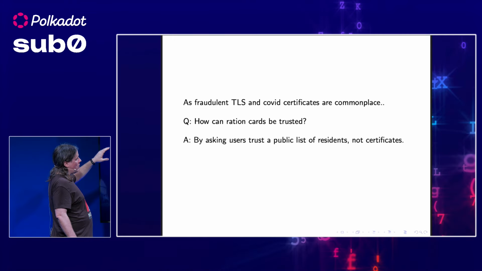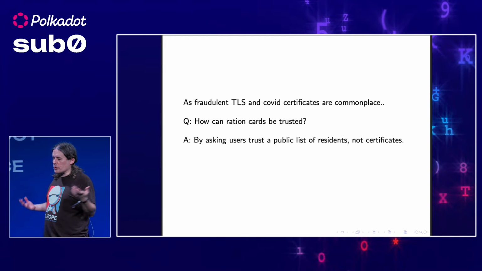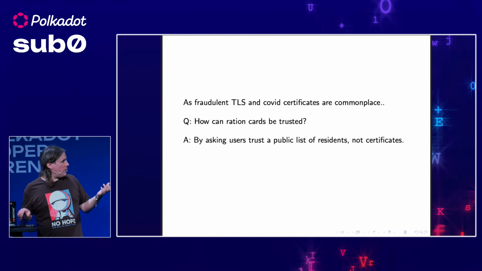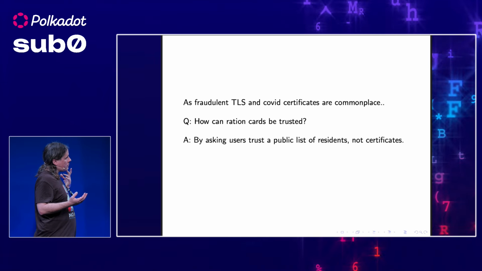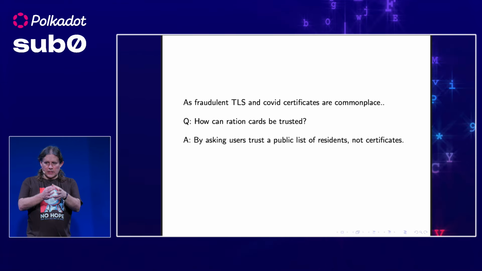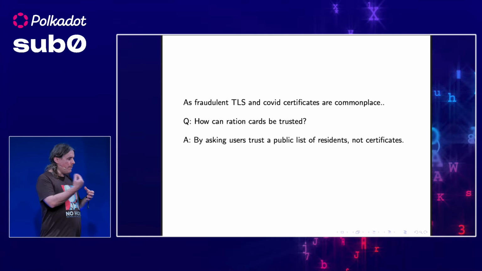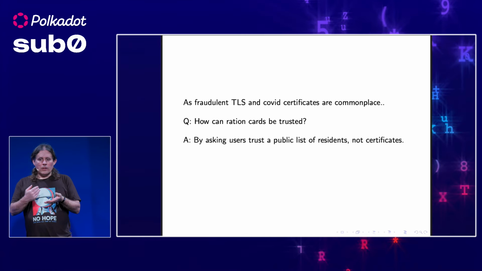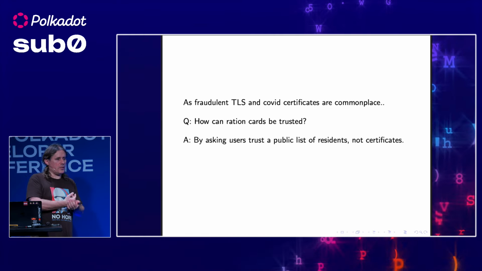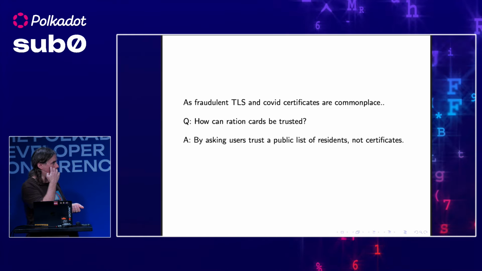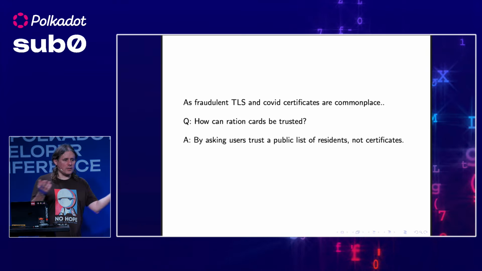One of the things that's kind of nice in this ration card case: in general, everywhere in cryptography we use certificates and certificate chains, but we have a problem when we have a centrally administered certificate system, that at some point you get some bad certs issued, either because there's a spy agency that wants something in there, or just, in the COVID cases, some doctor did something.